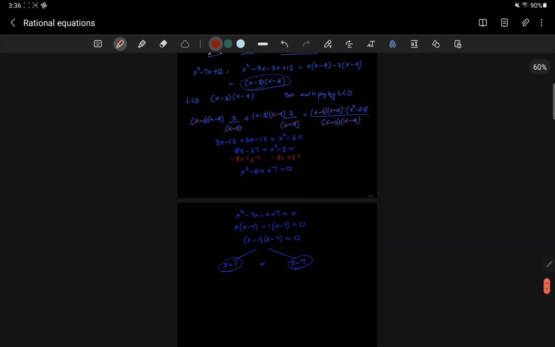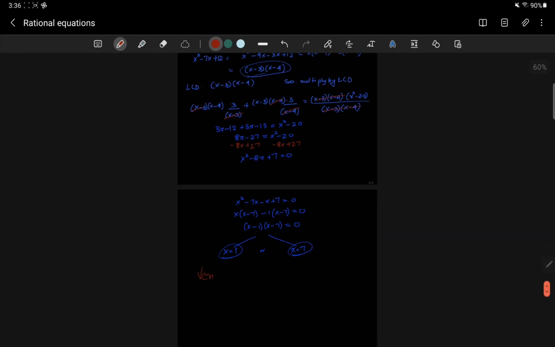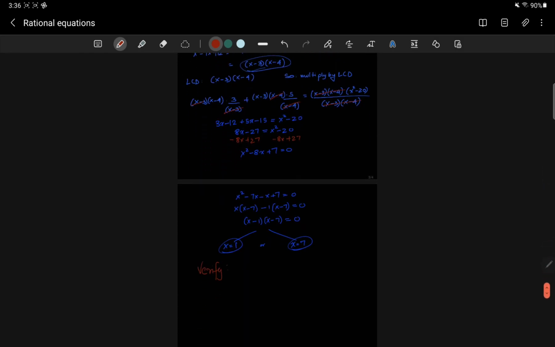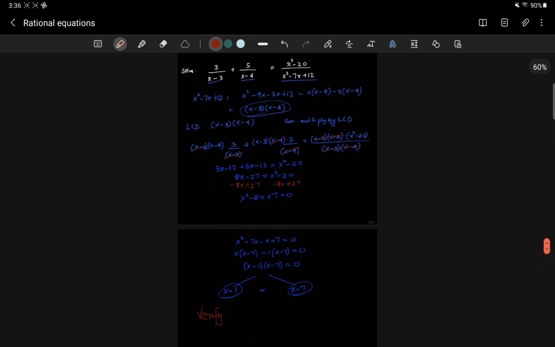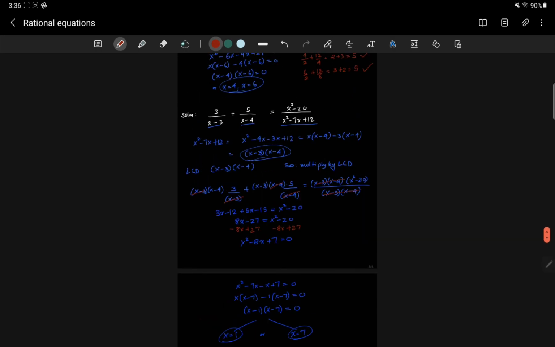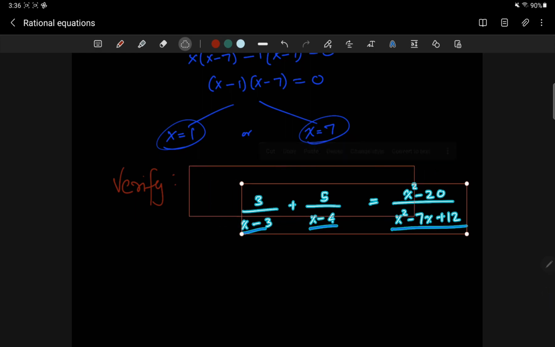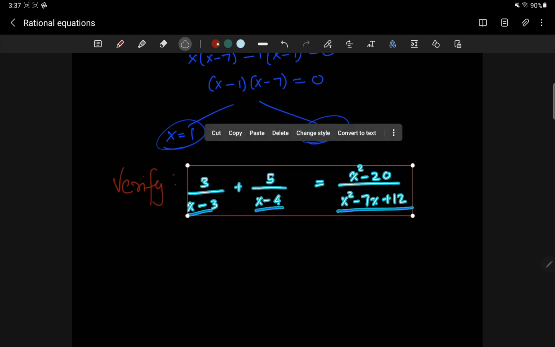Now once again, we do need to verify. Okay, so in this case, I'm going to copy the question here so I can actually verify it. This is the expression we're trying to verify.